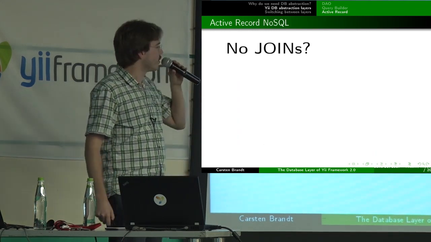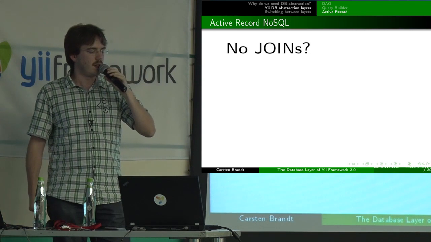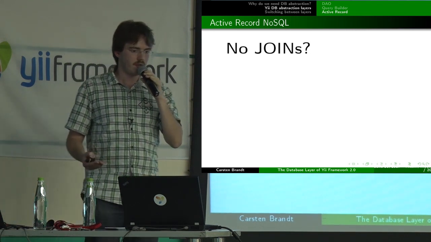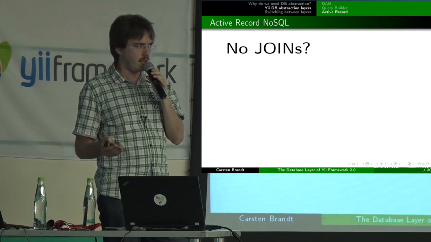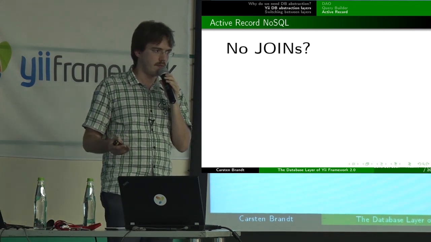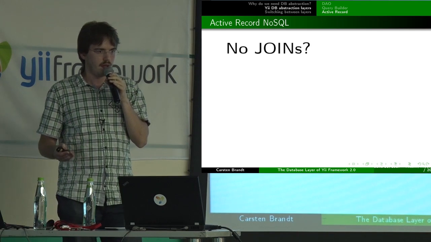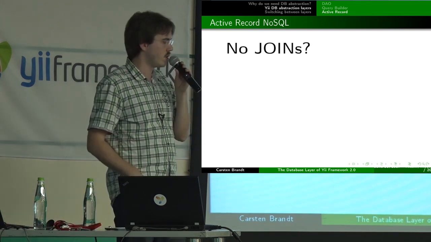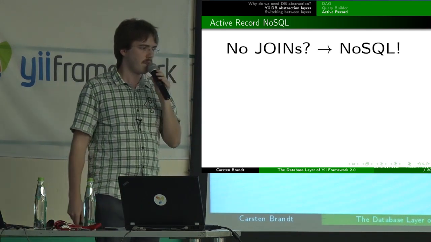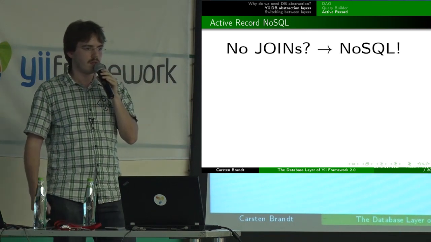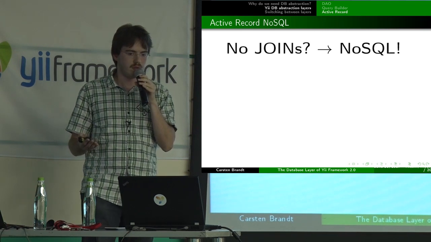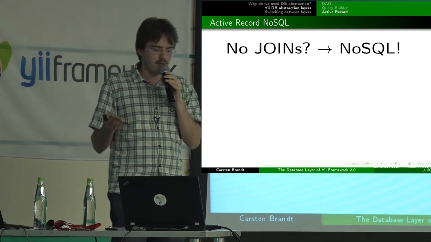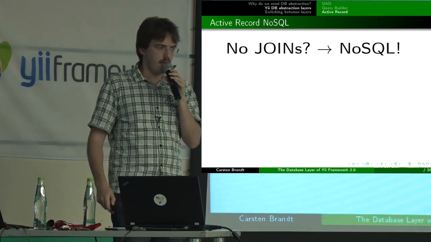What's interesting in the implementation of the Yii ActiveRecord relational query is that we have no joins. And the nice thing about not having joins for relations is that we can use NoSQL. So we can not only use ActiveRecord for an SQL database, but we can also use NoSQL databases.